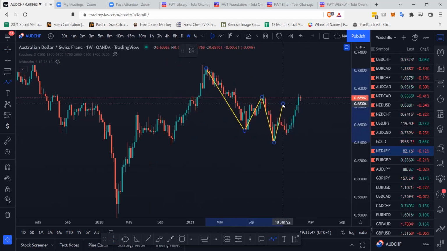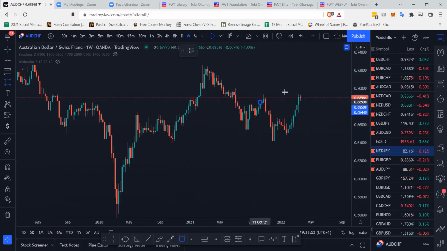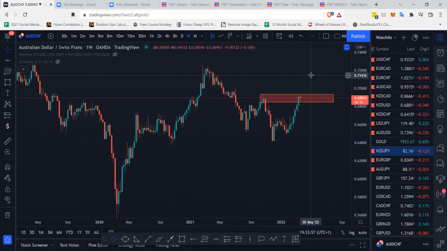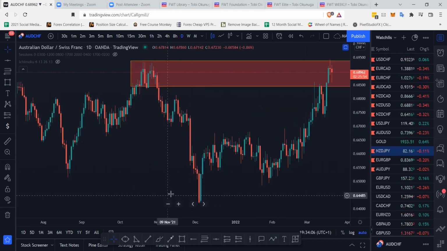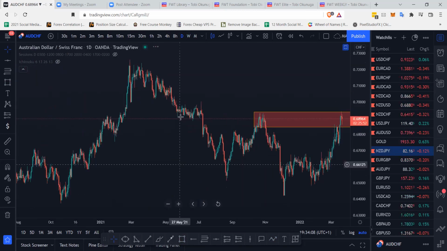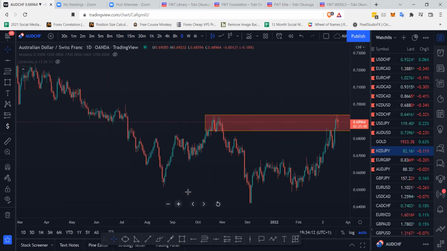Price is back to a supply area. So AUDCHF price is in a weekly supply zone. Let's see if we can find that zone also on the daily. Okay, so price is in a weekly and daily supply.